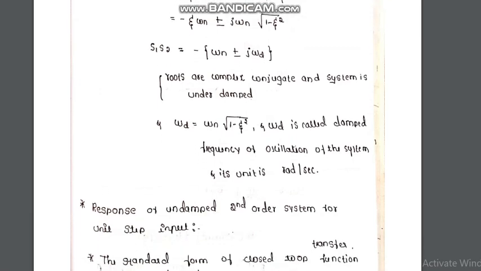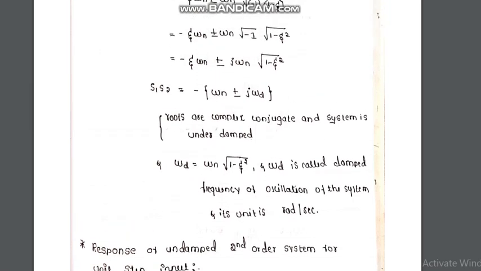So I will get s1 comma s2 is equal to minus zeta omega n plus or minus j omega n square root of 1 minus zeta square. I can finally write that the roots are complex conjugate and the system is underdamped. Here I am going to write omega d is equal to omega n into square root of 1 minus zeta square.